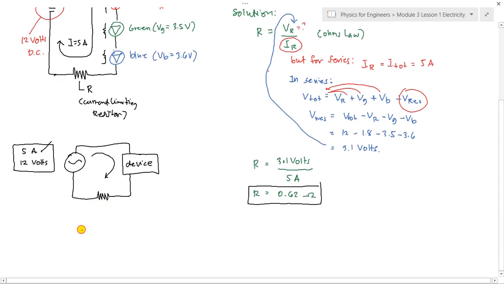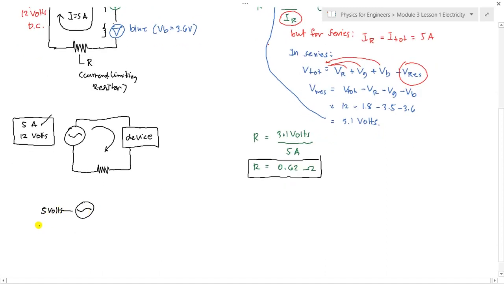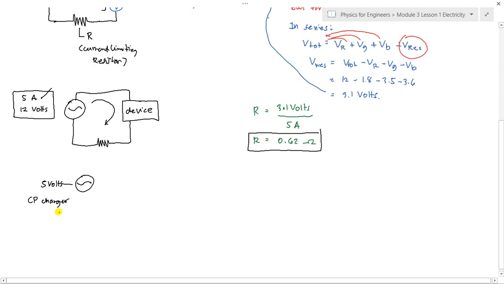If you have 5 volts, ang good example sa 5 volts is imong cellphone charger. Or maybe ang uban 12 volts.